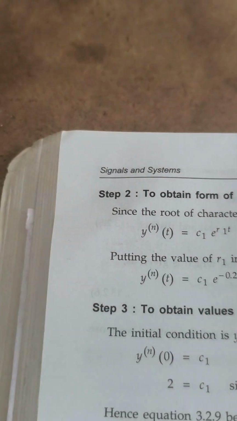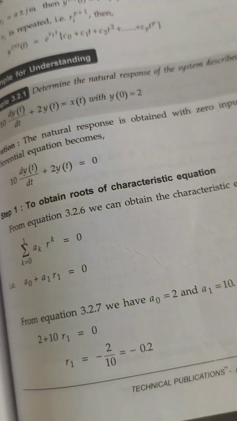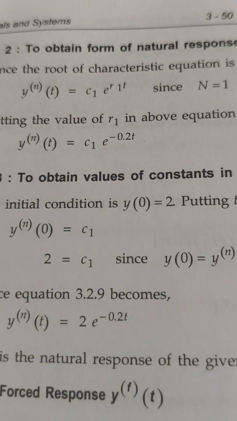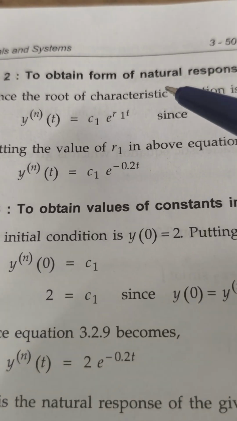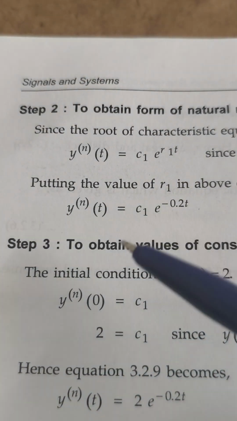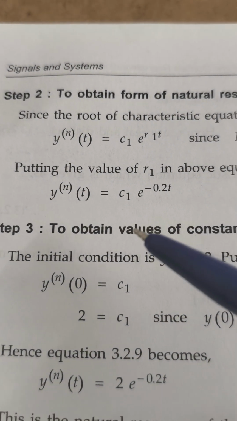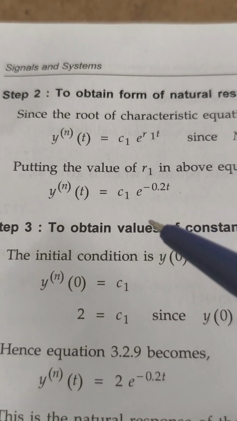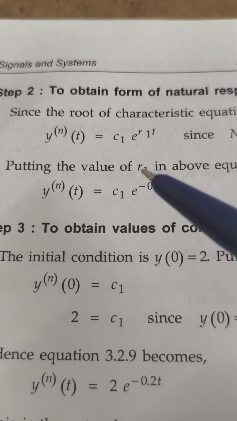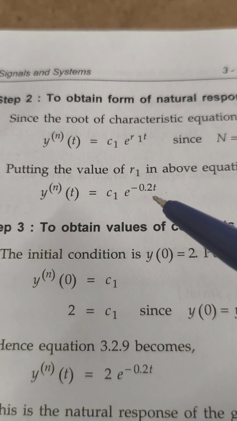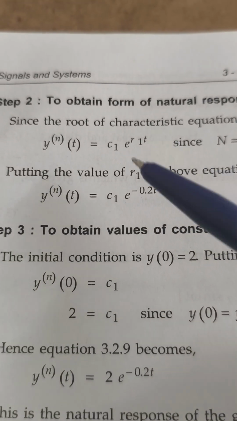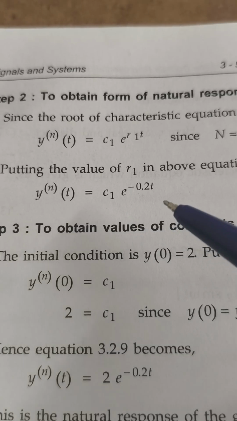R1 is minus 0.2. Therefore, substituting that value in this equation, y_n(t) equals c1 times e raised to minus 0.2 t. The equation becomes like this.